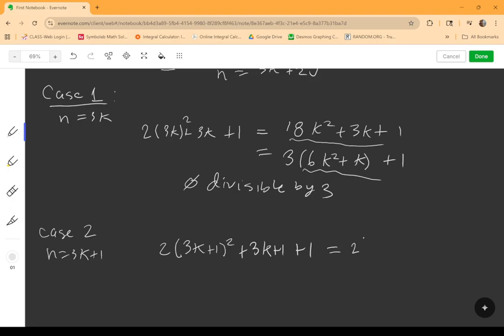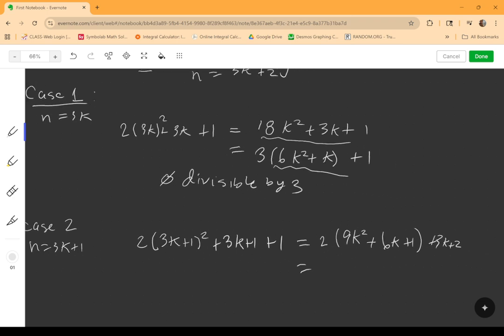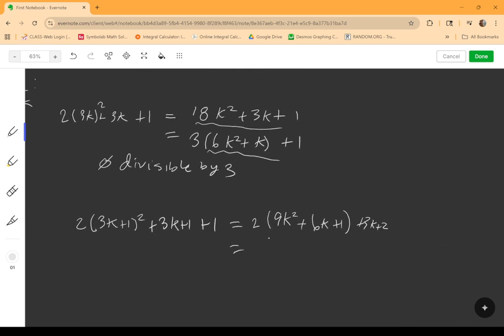So we got 2 times (9k squared plus 6k plus 1) plus 3k plus 2. All right, and now distributing that 2, we get 18k squared plus 12k plus 2 plus 3k plus 2.